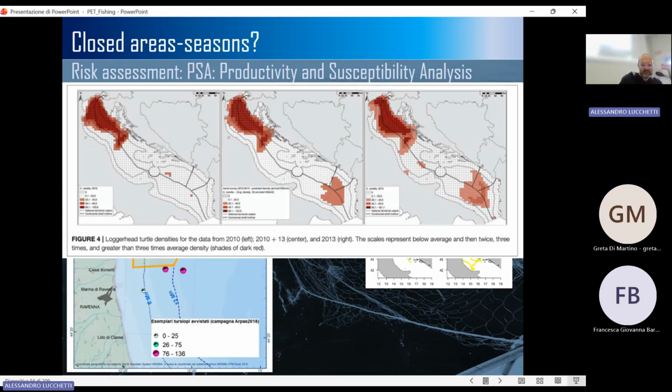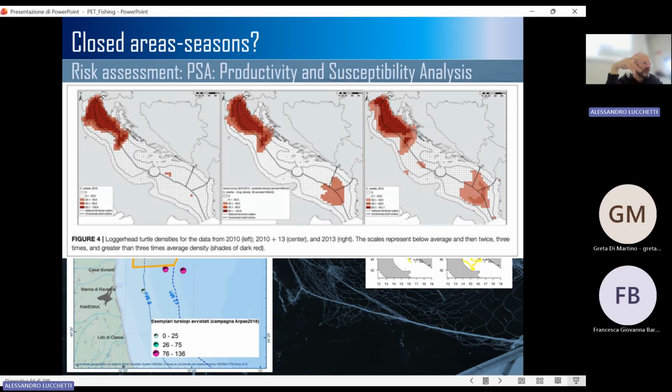I don't know if I have this. Okay, I made a mistake, but the meaning was that according to this figure, in the North Adriatic, just in front of the Po River, we have a site of community importance, a Natura 2000 site, I mean, which in theory deserves a kind of protection. But at the moment, there are no management measures there.